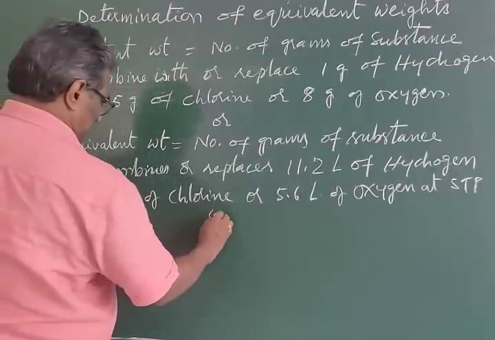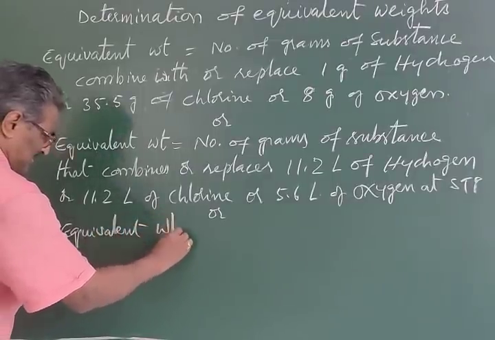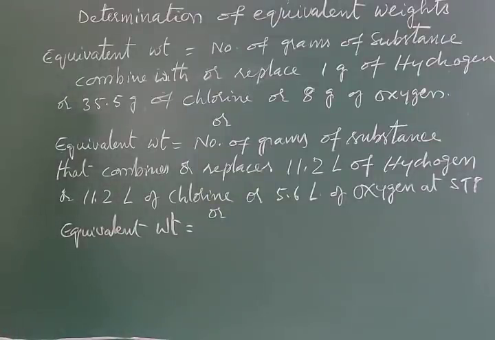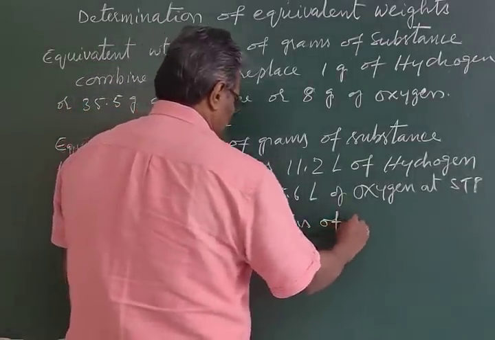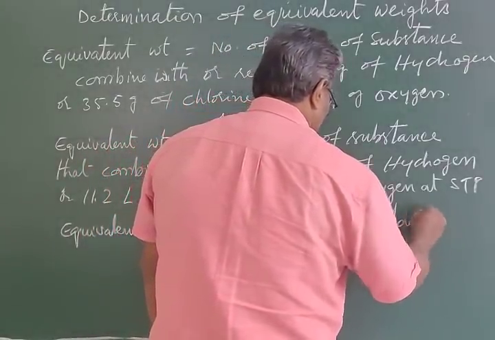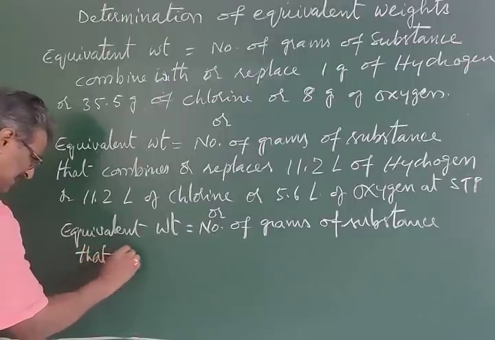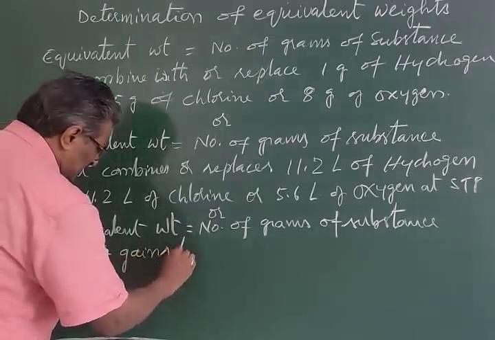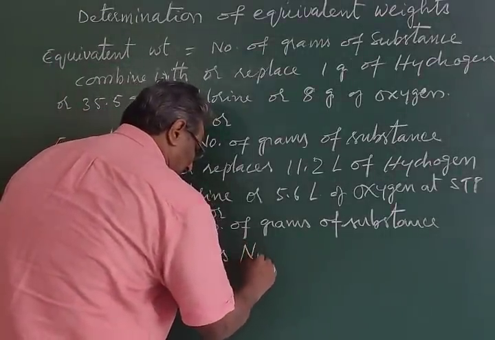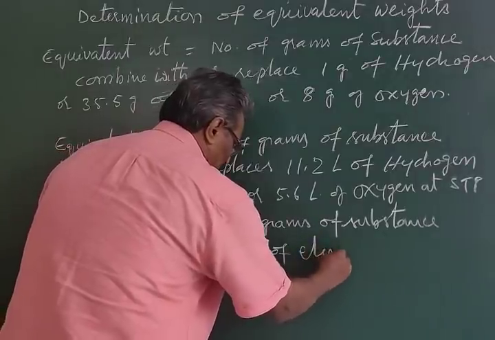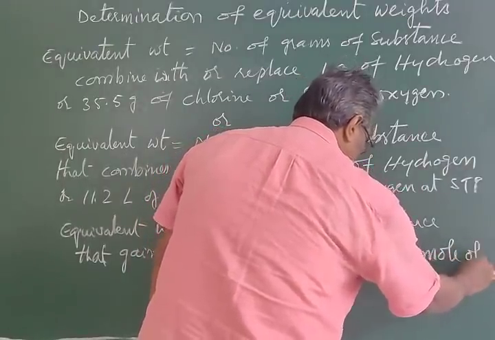The third method is that the equivalent weight of a substance is equal to the number of grams of substance that gains or loses Avogadro's number of electrons, that is 1 mole of electrons.